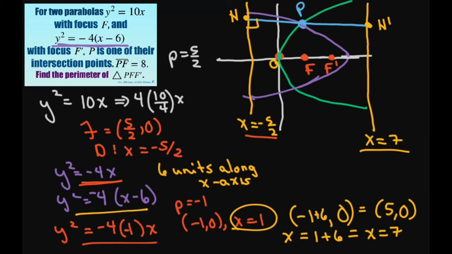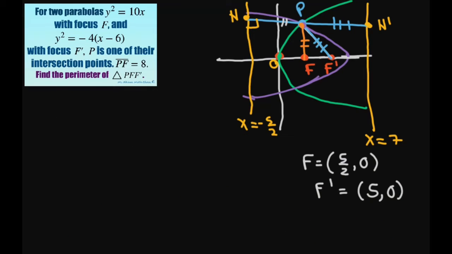Okay, so once we have that, we're going to find the perimeter of triangle PFF prime. Let's suppose we have these H's here.